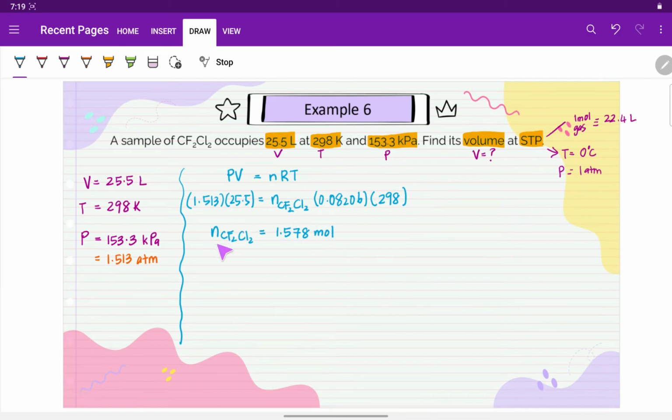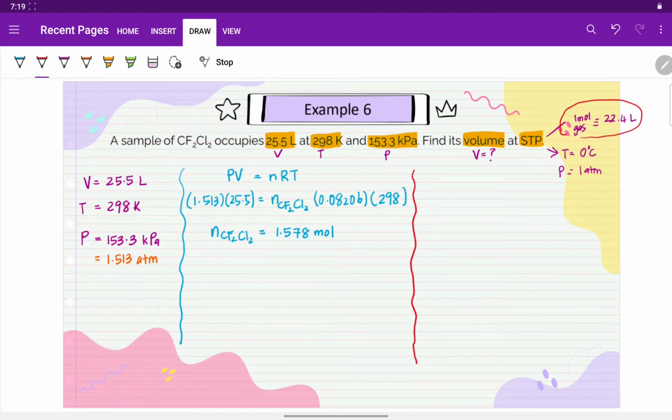So this will be the number of mole of the CF2Cl2 gas. Okay, ingat tadi kita nak apa? Kita nak jawapan dalam volume pada STP.